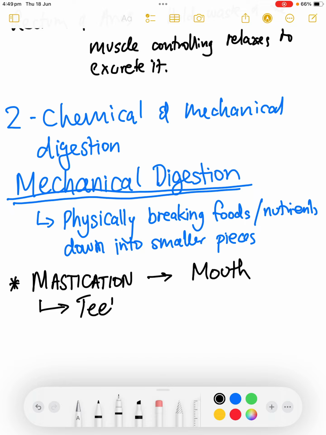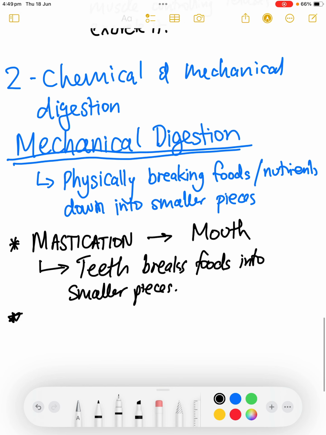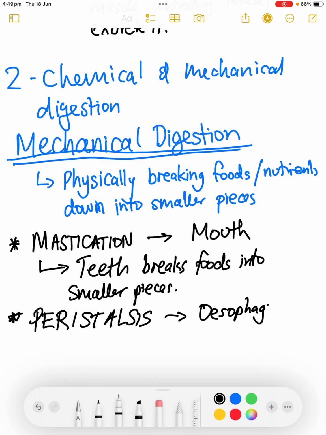So teeth break foods into smaller pieces. Number 2, peristalsis. It is in the esophagus, and it's also in a lot of the GI tract.